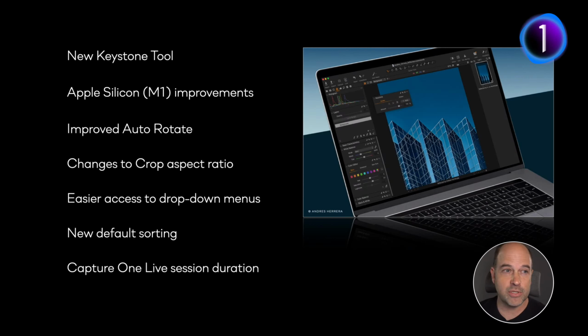And also some usability changes with accessing some drop-down menus, which just makes it a lot easier to find. New default sorting, which might sound like a small thing, but it's been a long requested feature. And also some changes to Capture One Live as well, how long you want that duration to be, as an example. So let's dive straight into it and have a look at the Keystone tool.